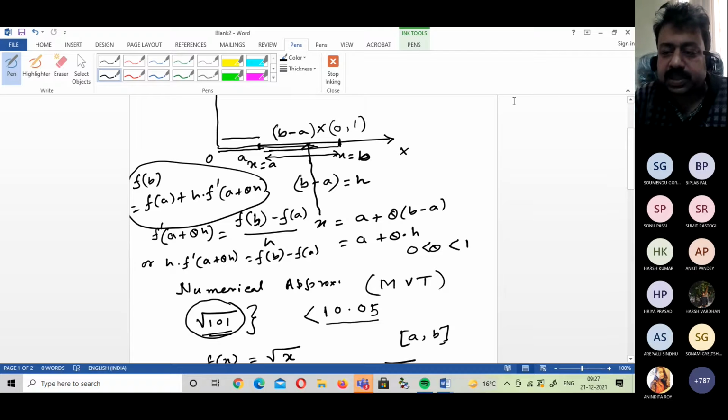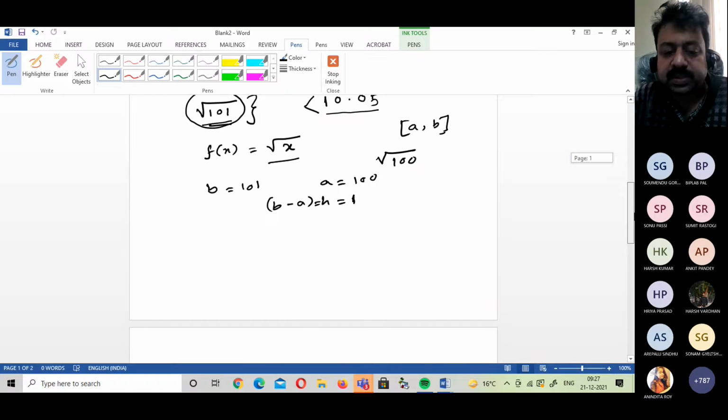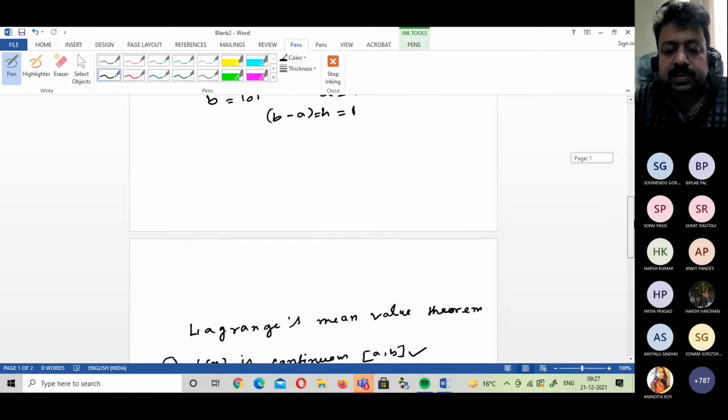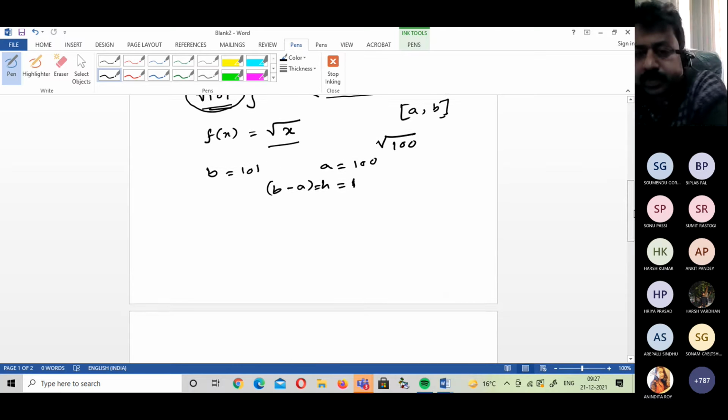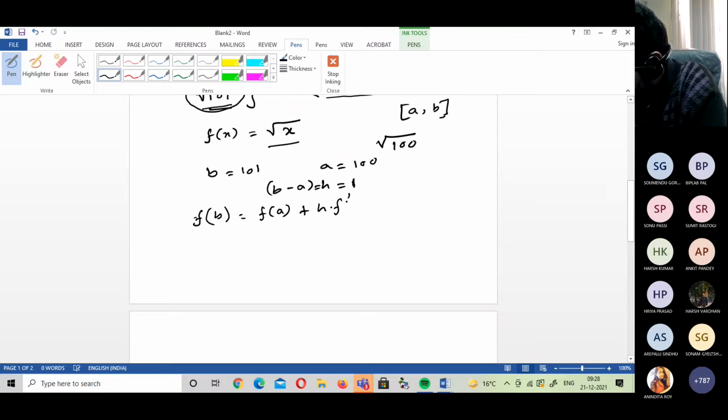Now here you just apply the concept to approximate the value. When you perform this numerical approximation, f(b) equals f(a) plus h into f dash of a plus theta h.